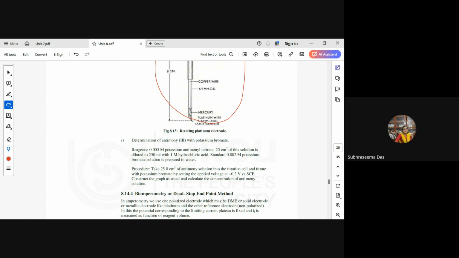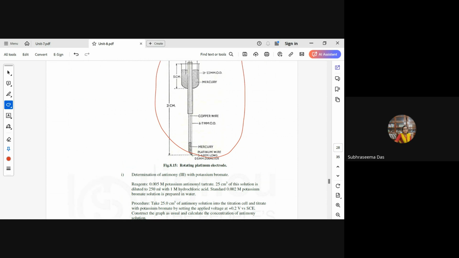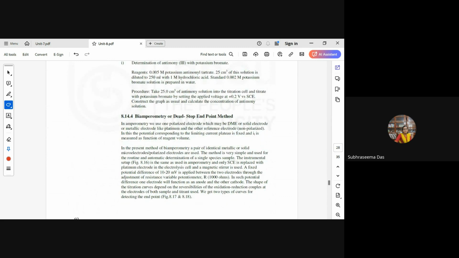Now standard potassium bromate solution is prepared in water, and to the potassium antimonyl tartarate solution, the potassium bromate is added and the voltage is set to 0.2 volt with regards to the standard calomel electrode. The graph is constructed as usual and the concentration of the antimony is calculated from the graph.